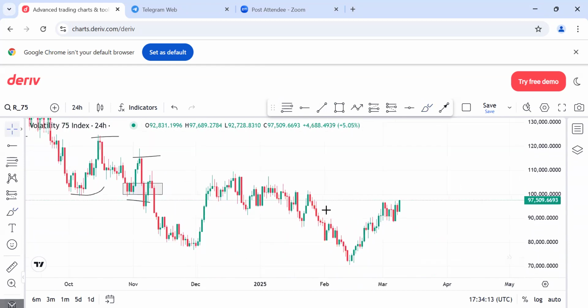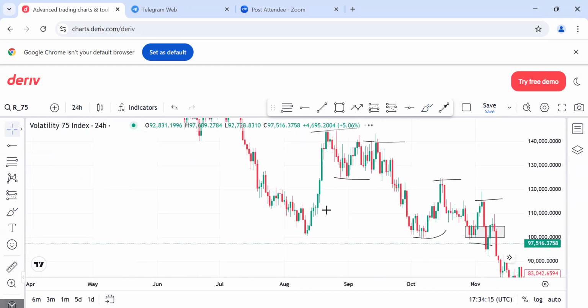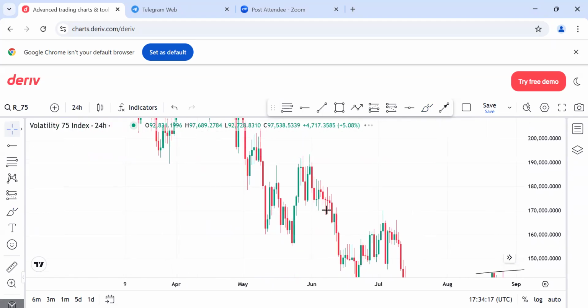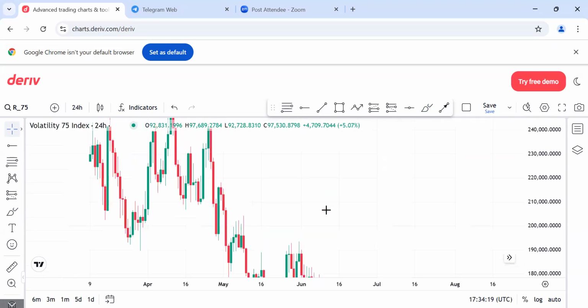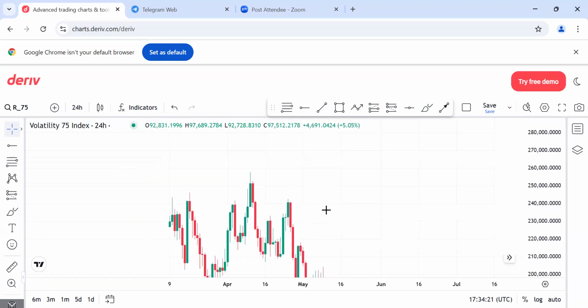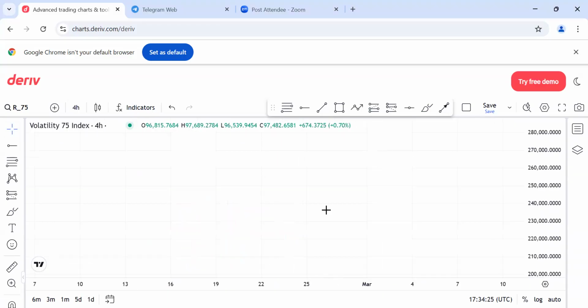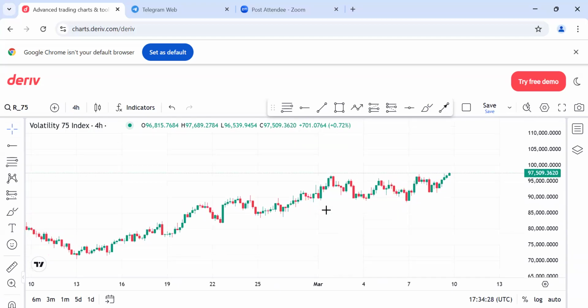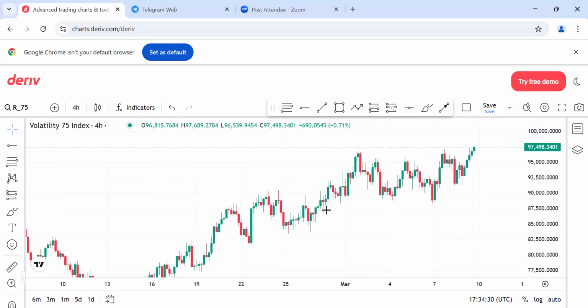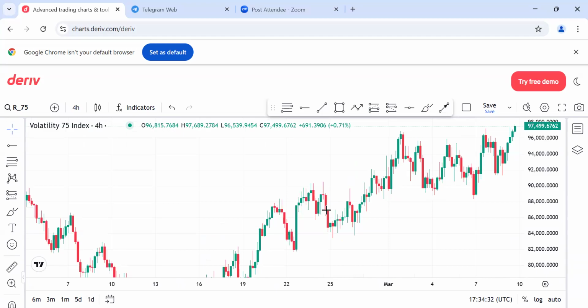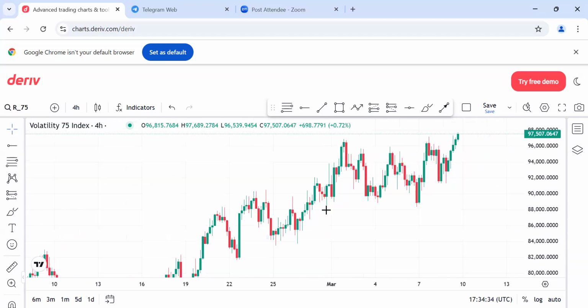This is the daily time frame, basically. Yeah. So let's check a different time frame, the four-hour time frame.